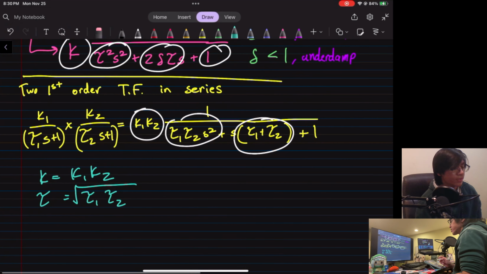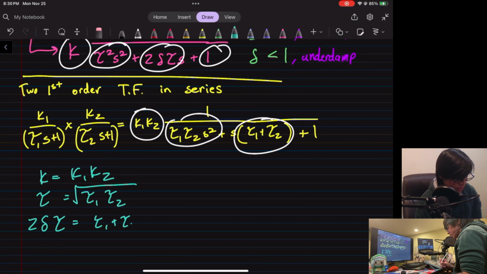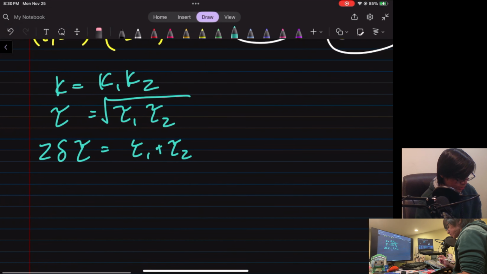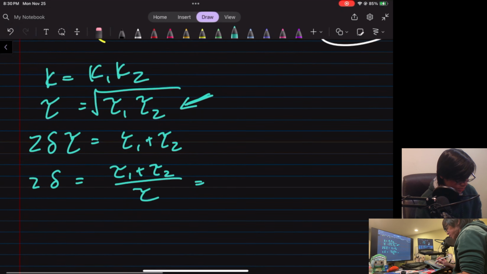Second term is this 2 zeta tau, and that's related to this tau 1 plus tau 2. So to isolate this 2 zeta, we divide by tau, and we know that to be up here, square root tau 1 tau 2.